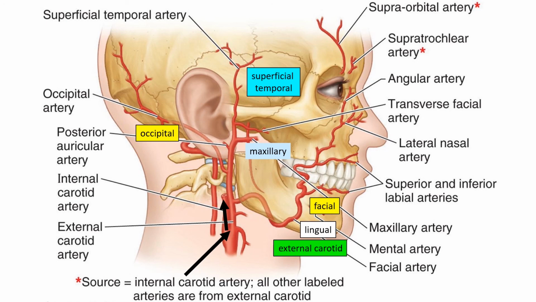We are not yet concerned about the distribution of this artery, but the external carotid artery is going to supply the face and the scalp, and one of the branches here, this one, is the lingual artery, which is going to supply the tongue.